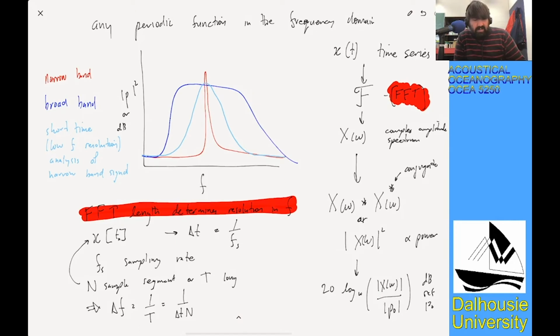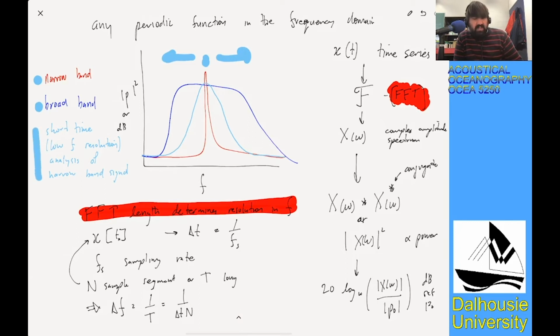So when we're looking at any periodic function in the frequency domain, we can tell some of its properties very quickly. So for example, a narrowband function is very narrow in the frequency domain. A broadband function has a large bandwidth over which it has energy, but we have to be careful because sometimes we can have a short time.